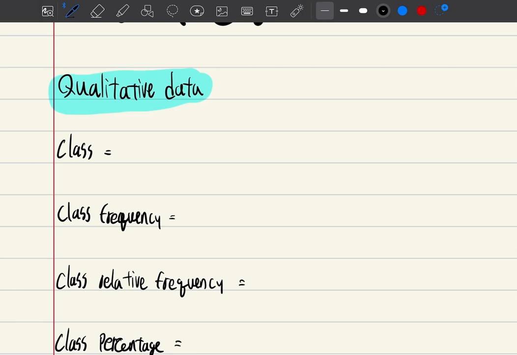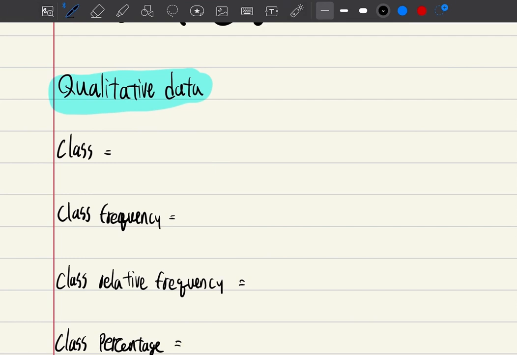Before we dig deeper, first we have to know what is the class frequency, class relative frequency, and class percentage. First, class. Class is a category of the data.